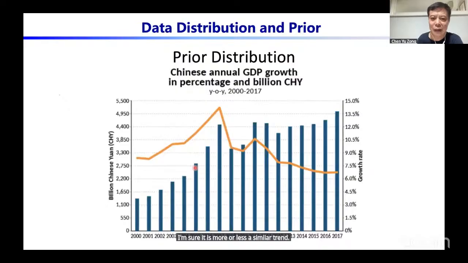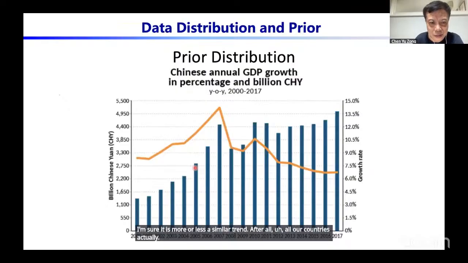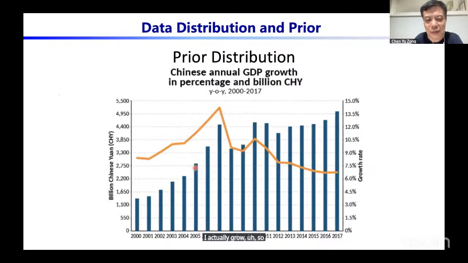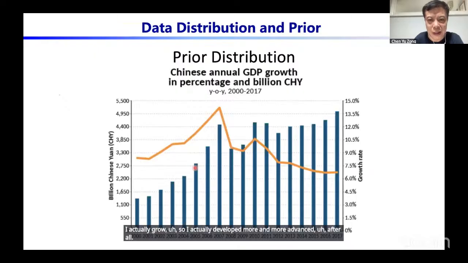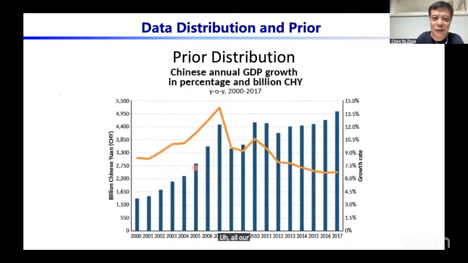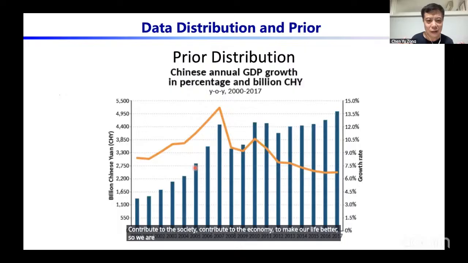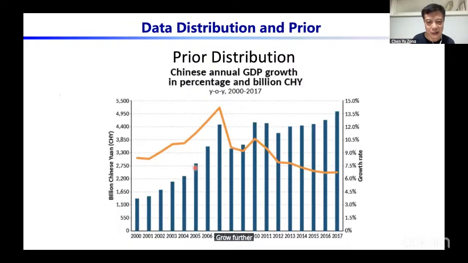After all, our countries actually grow, so actually develop more and more advanced. After all, our peoples actually make a lot of effort to contribute to the society, contribute to the economy, to make our life better. So we are bound to grow further and further. So that's the intrinsic driving force to give us this kind of distribution.